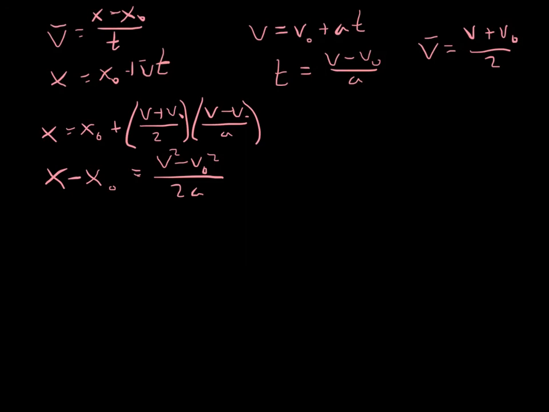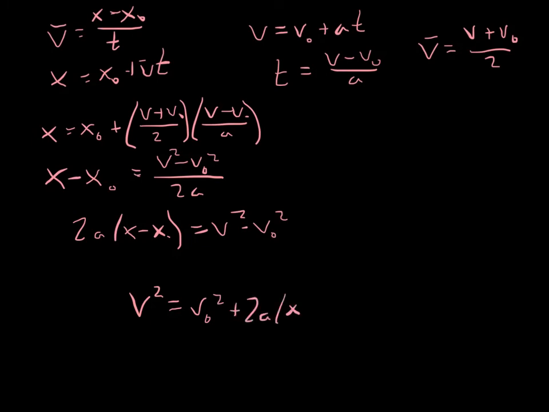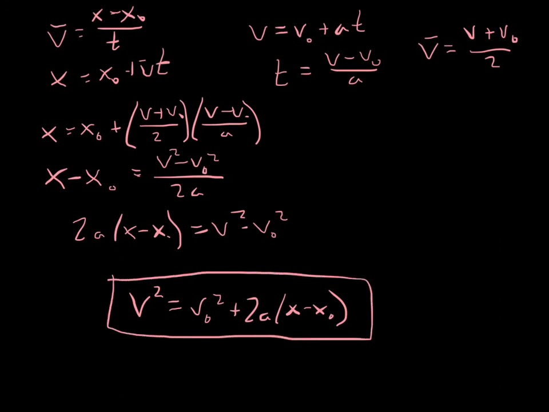And so we're going to multiply by 2a, so we'll have 2a times x minus x naught equals v squared minus v naught squared. And I'm going to flip things around here and say that v squared would be equal to v naught squared plus 2a times x minus x naught. And that is our final kinematic equation there.